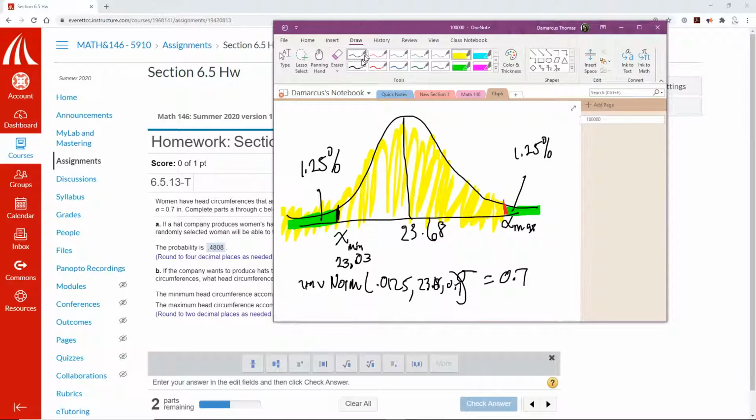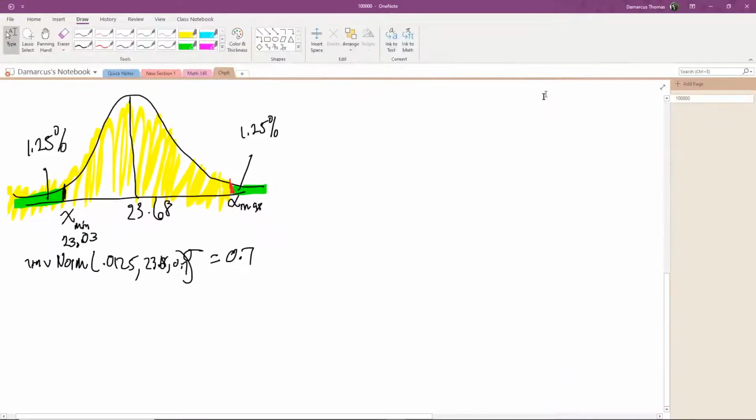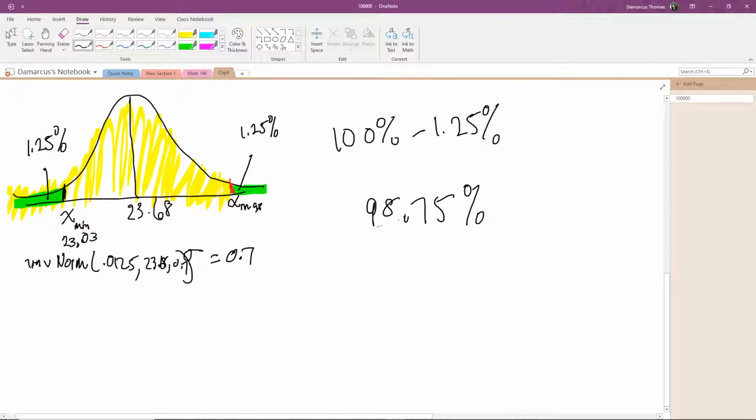One way to figure that out is to do 100% minus the 1.25%. And that puts us at 98.75%.